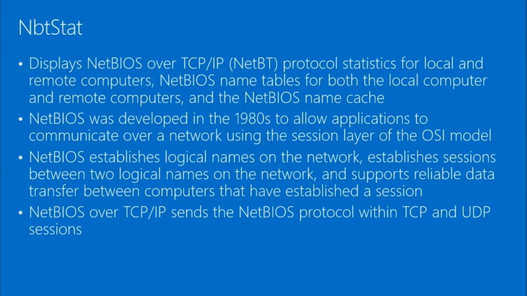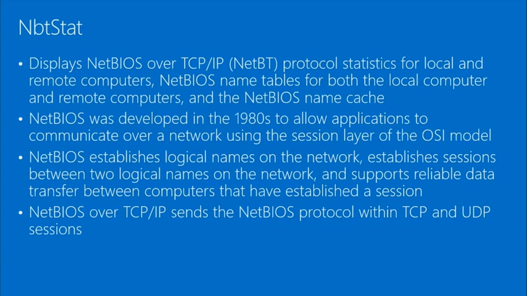nbtstat. This displays NetBIOS over TCP/IP, NetBT, protocol statistics for local and remote computers. NetBIOS is kind of an interesting thing. It was developed in the 80s to allow applications to communicate over a network using the session layer of the OSI model. Okay, that's kind of interesting. What does that mean?